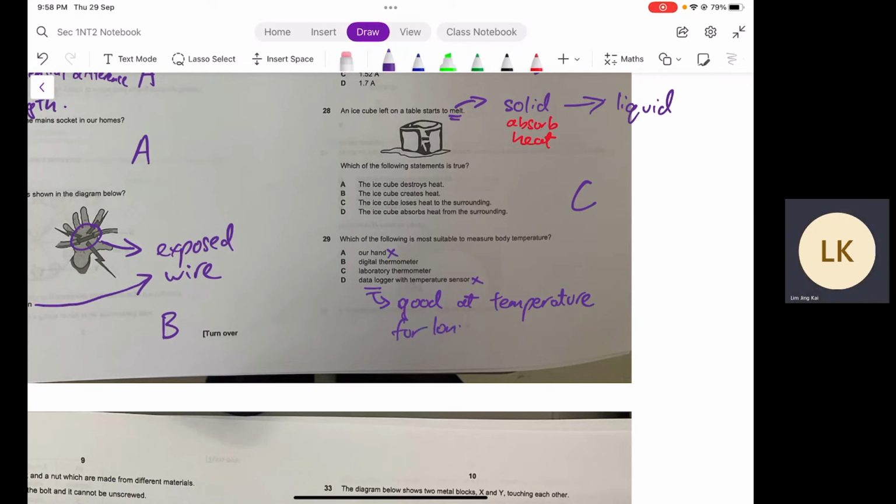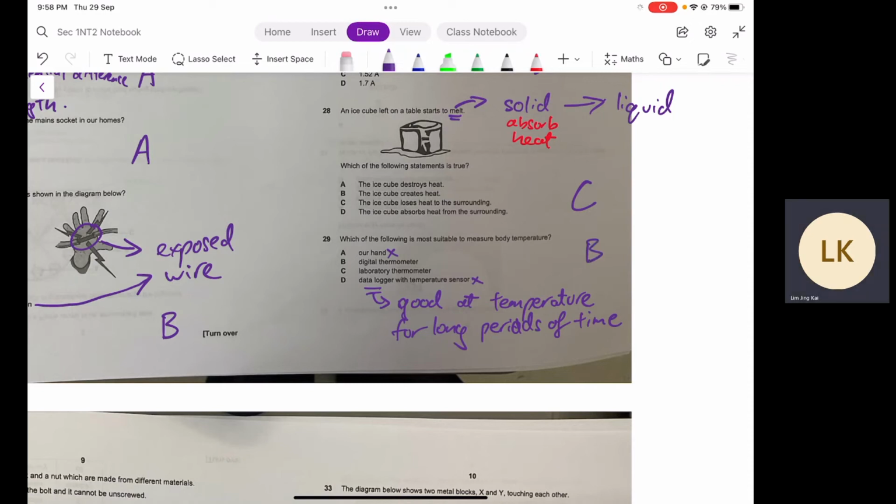Do we actually want to measure our body temperature for 2 hours, 3 hours? No, so this is not our best choice. Usually when we use a thermometer for our body, we want it to be fast and accurate. So the best choice here is B.